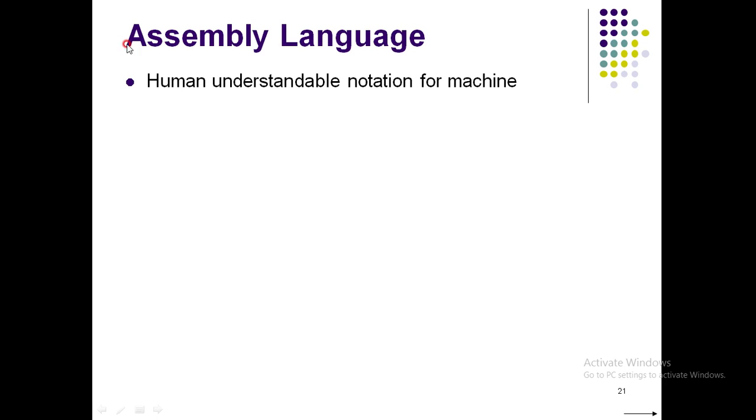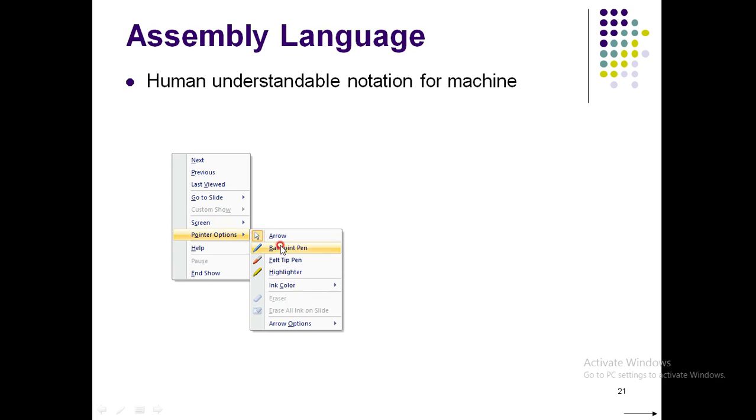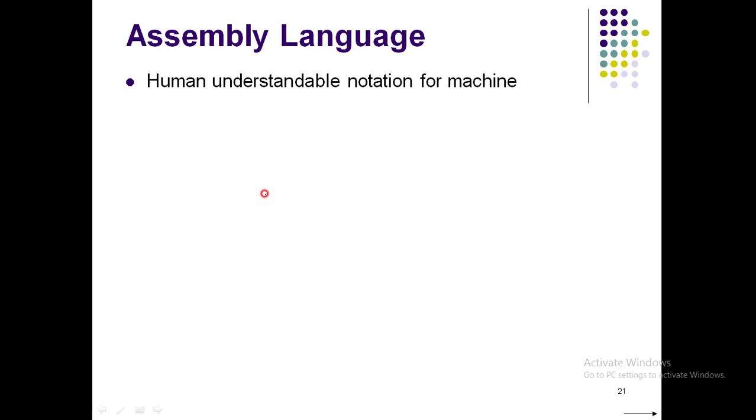For example, if I just write C, then Motorola may take it as somewhere around 12 bits, and Intel will code it as 8 bits.